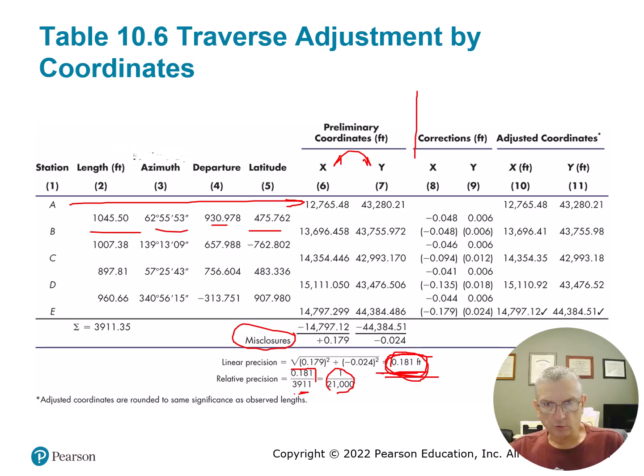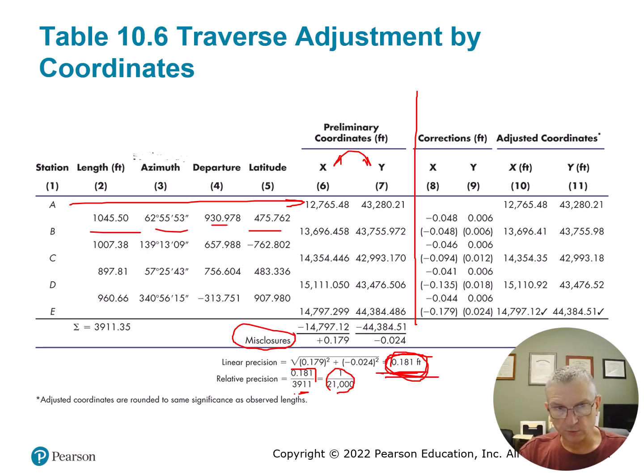Now we're going to come over to the corrections. So what we do here is just proportionately adjust the error north and east. Well, there's two ways. The way they're doing it here is, looks like you're getting almost the same per leg, but typically what you would do, I think they're actually doing this proportionally, is the amount of error that you would put into the leg between A and B would be 1045.50 divided by 3911.35.